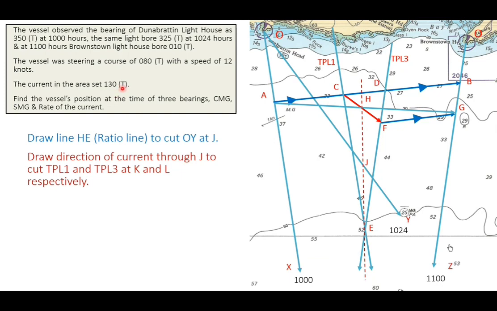So I align my parallel ruler to 130, transfer the parallel ruler to point J, Juliet point, and draw a line here. You can see this red color line plotted on our chart, which is in the direction of 130. That is the direction of our current.